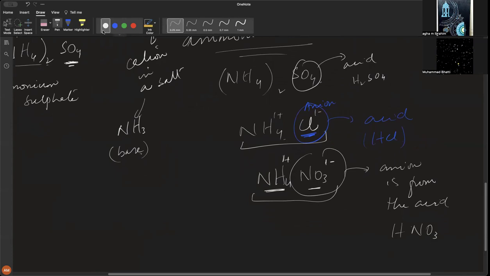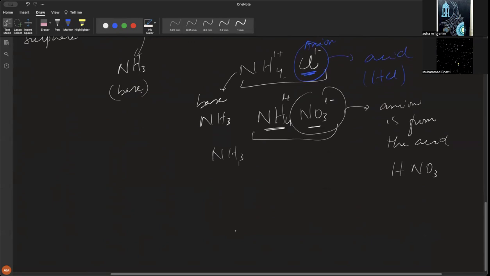And we know that this ammonium cation always comes from a base, from ammonia. So in other words, the reaction would have been NH3 plus HNO3 giving you NH4NO3. Do you get it?